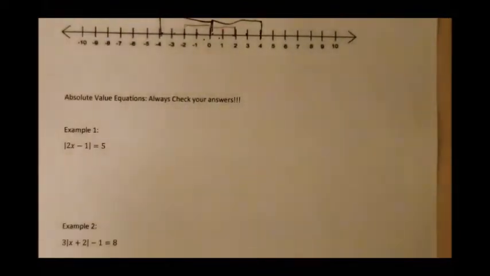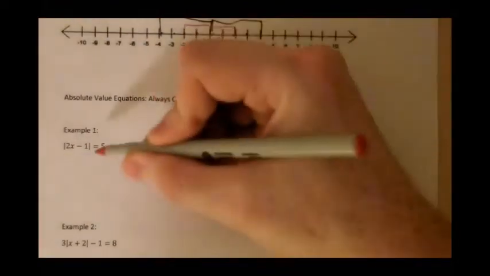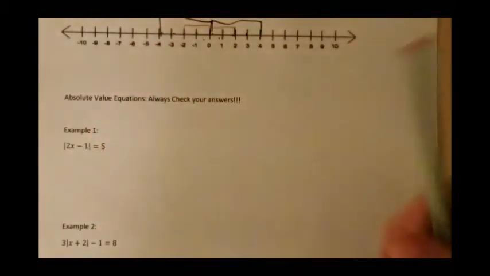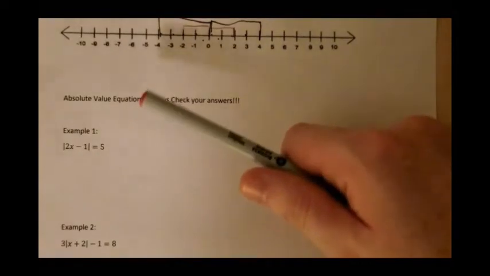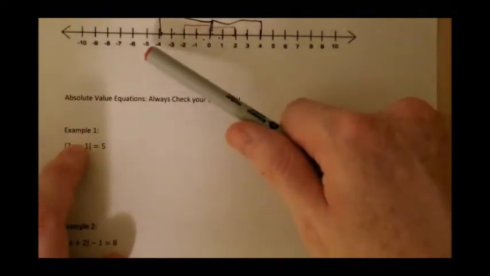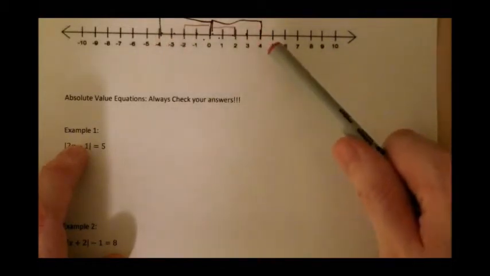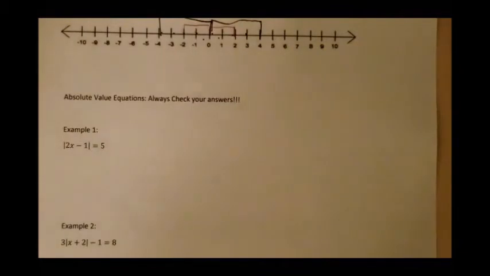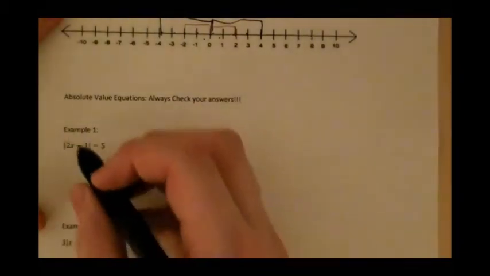All right, so our first example, we have the absolute value of 2x minus 1 equals 5. So going back to these number lines, there's really two ways you can be 5 away from 0. You could be at -5 or you could be at +5. So when you're solving an equation, you're going to split up your equation.